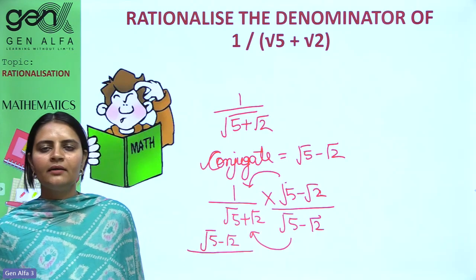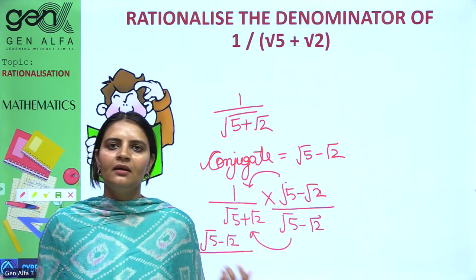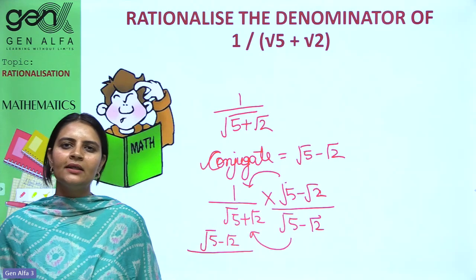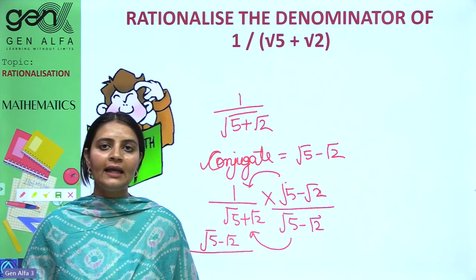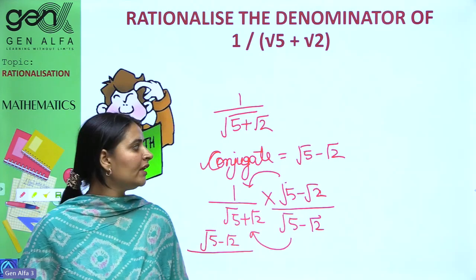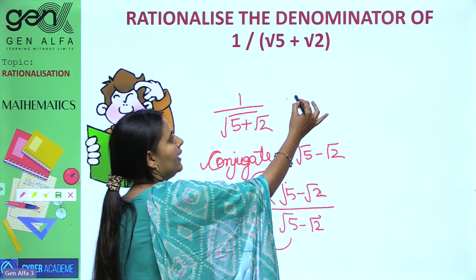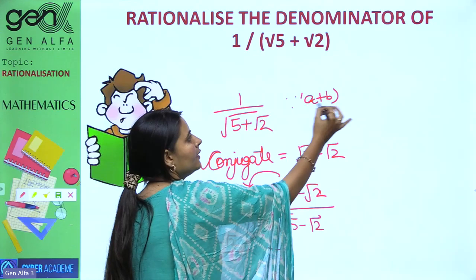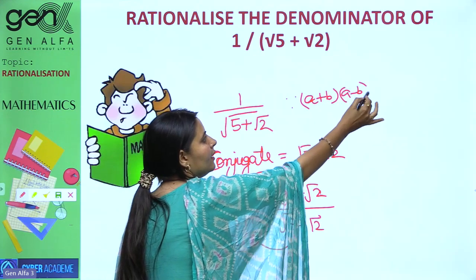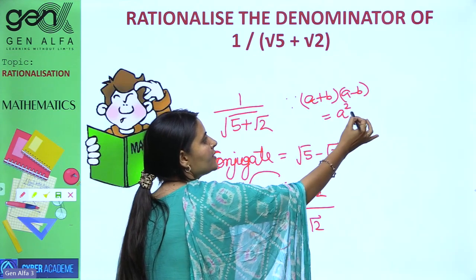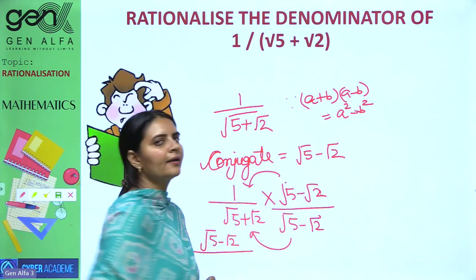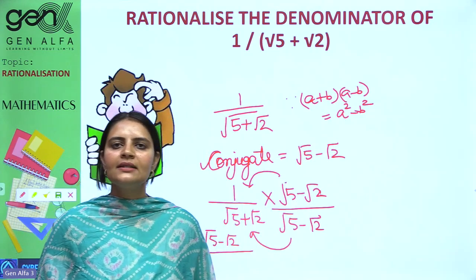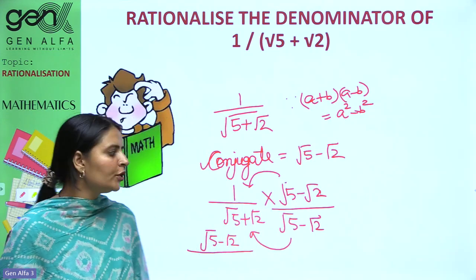But in the denominator, what would it be? Do you remember the identity? A plus B and A minus B will be giving you A square minus B square. This is your identity. Just apply this identity over here.